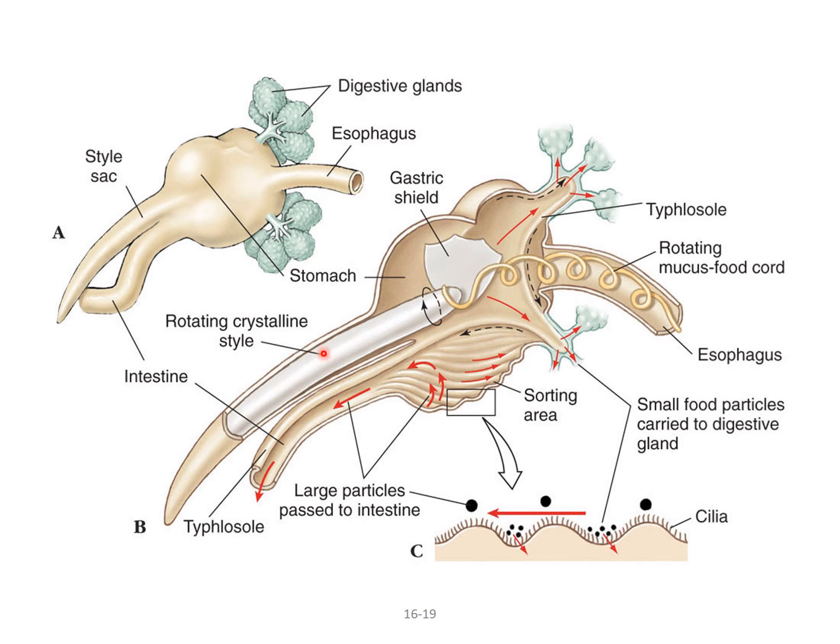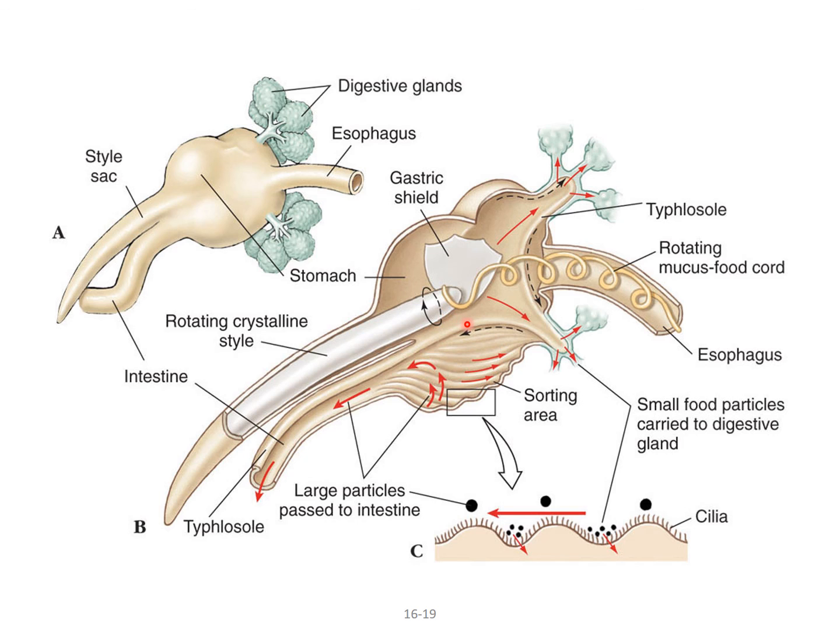This is the crystalline style that is rotated by the cilia, and it pulls in the mucus food cord or string, and so it rotates and pulls it along the esophagus from the mouth. And it's kind of like you using a fork to twist a strand of spaghetti around it.